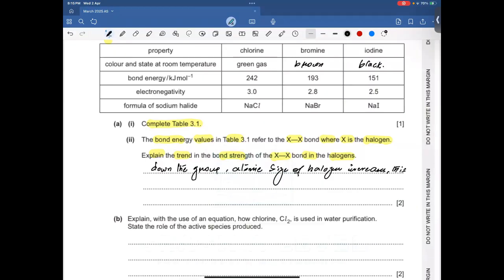This increases the bond length, and the covalent bond is weaker. All right. Thus, down the group, bond strength decreases.